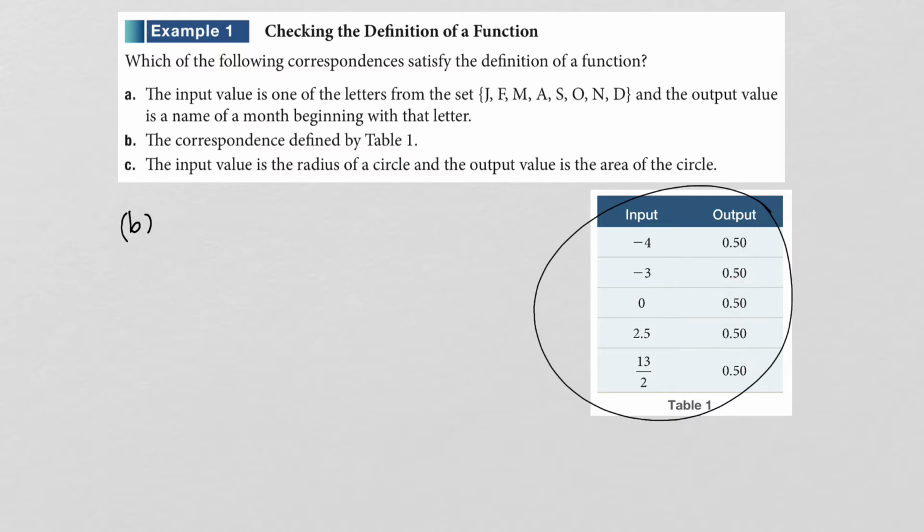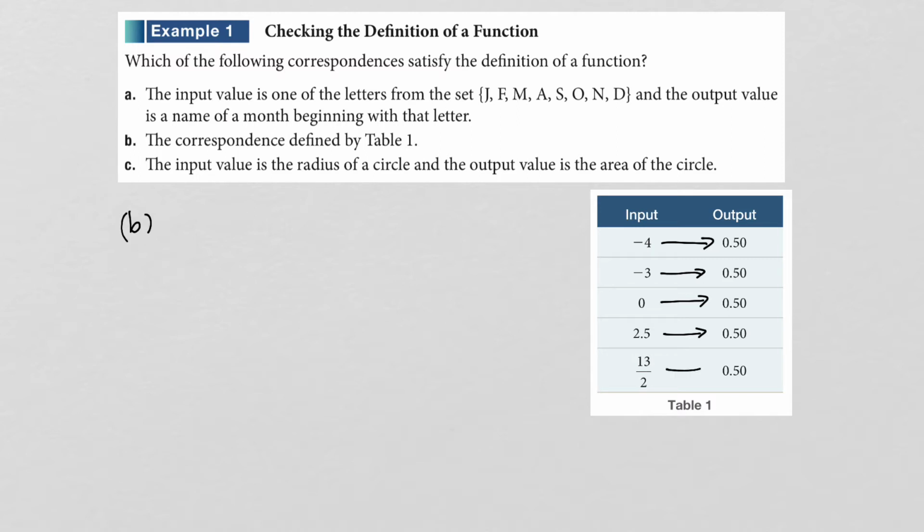But notice that you have 5 different input values, and the corresponding output values. The input value -4 gets assigned to the output value of 0.5. The input value of -3 also gets assigned to 0.5. 0 gets assigned to 0.5. 2.5 gets assigned to 0.5. And 13/2 gets assigned to 0.5.